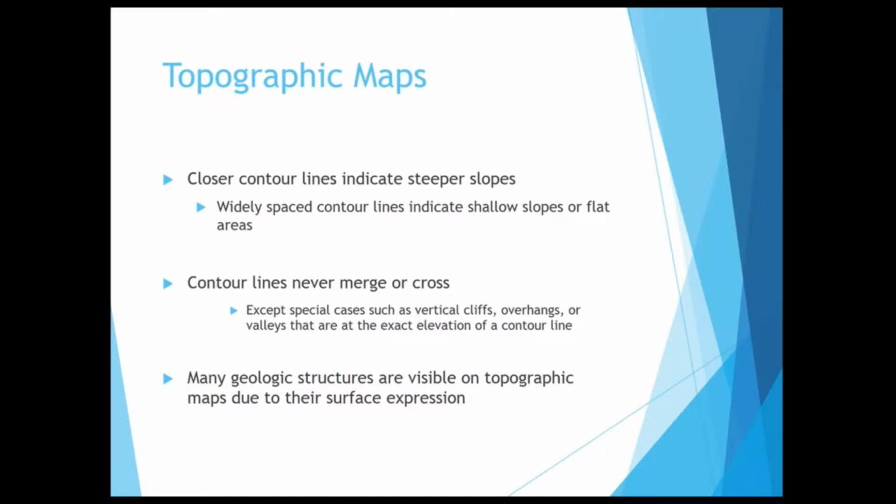Another important thing to understand about contour lines is the spacing. When contour lines are close together, this indicates a steeper slope. Again, think of a staircase. When the steps are spaced tightly together, you have a steep staircase.